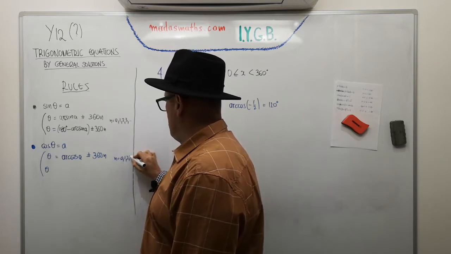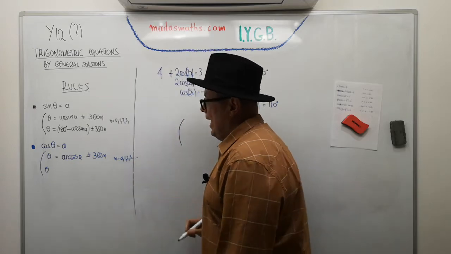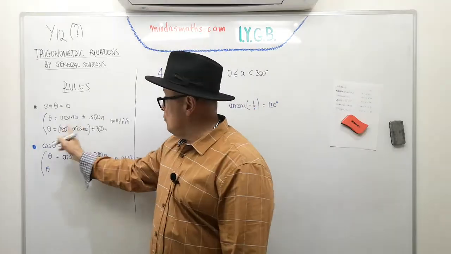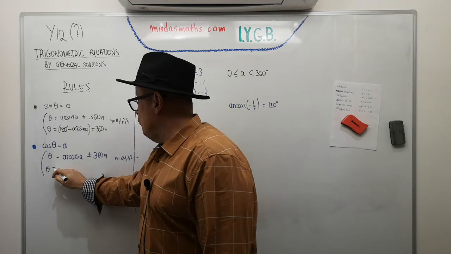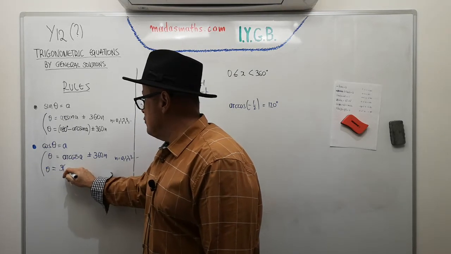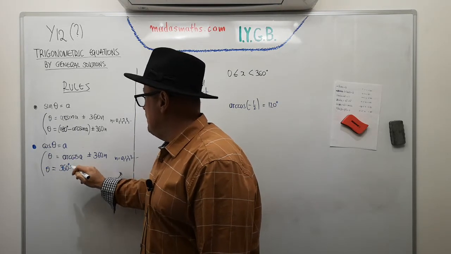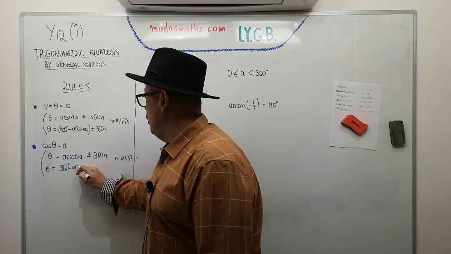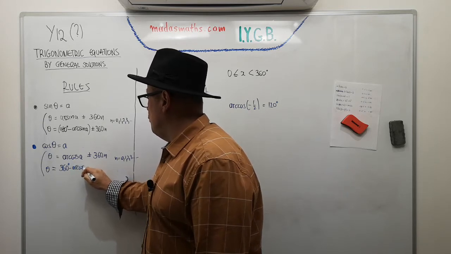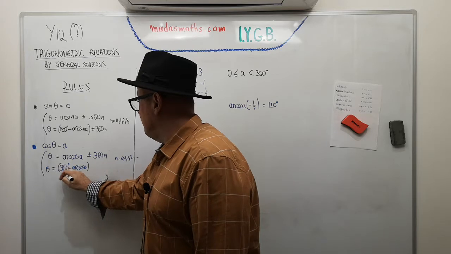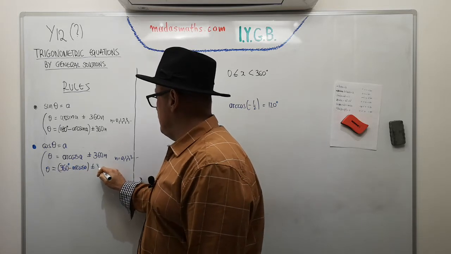Same formal notation for this. And how about the secondary? For the sine it was 180 minus, for the cos it is in fact 360 degrees minus the arc cos of a, and again it repeats every 360.